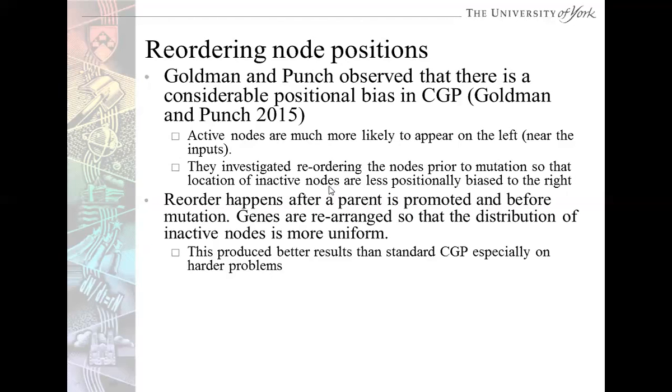So they thought, well, suppose we reorder the nodes prior to mutation. So we redistribute the active nodes, we move them out throughout the genotype to try to remove that positional bias. And they found that this produced better results than standard CGP, especially on harder problems. We're going to return to this issue much later on, where I'll make a suggestion about an interesting way of doing this that hasn't been tried yet.